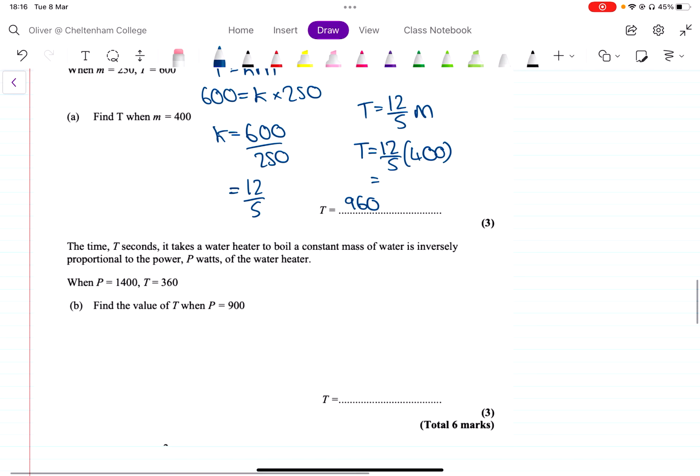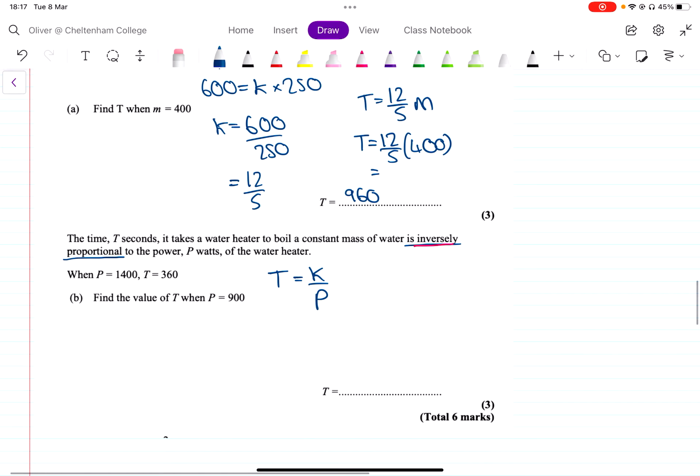We now are told that the time it takes the water to boil is inversely proportional to the power, P, watts of the heater. So we know that T is K over, because it's inverse. So I would form an equation to start with, which is 360 is K over 1400.